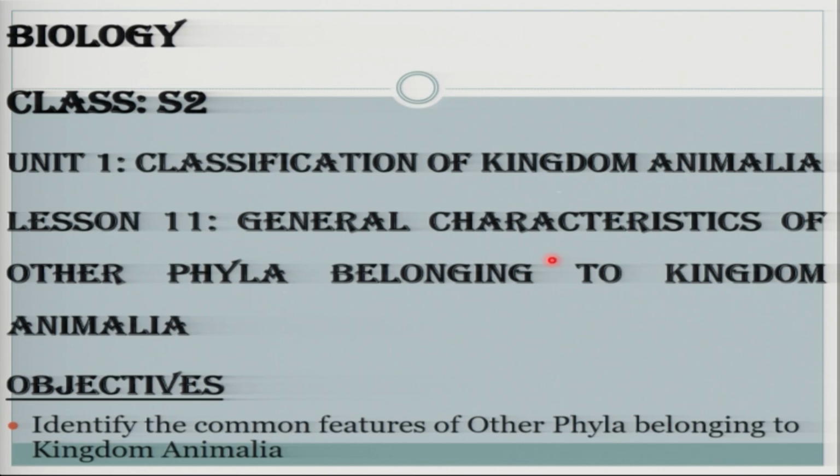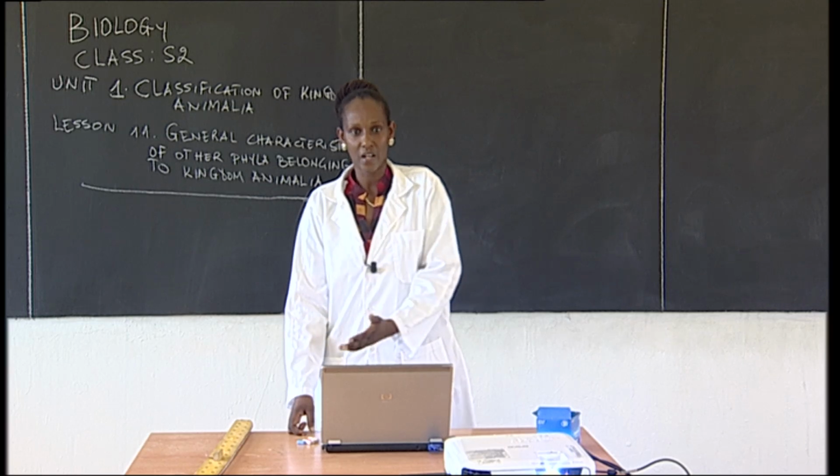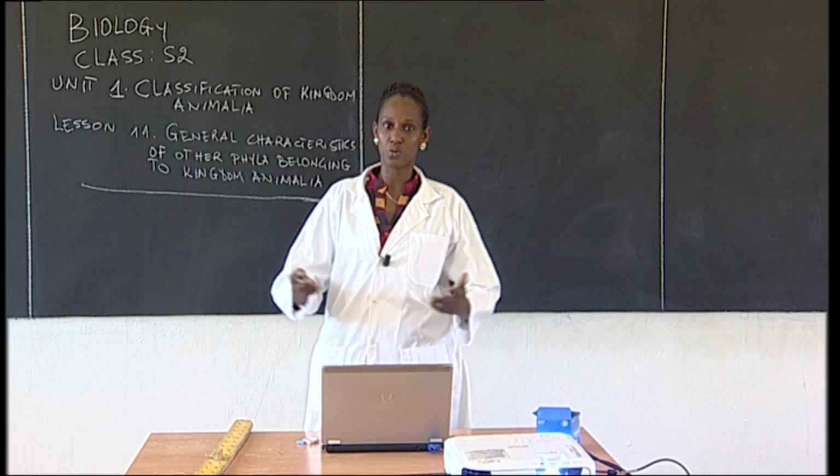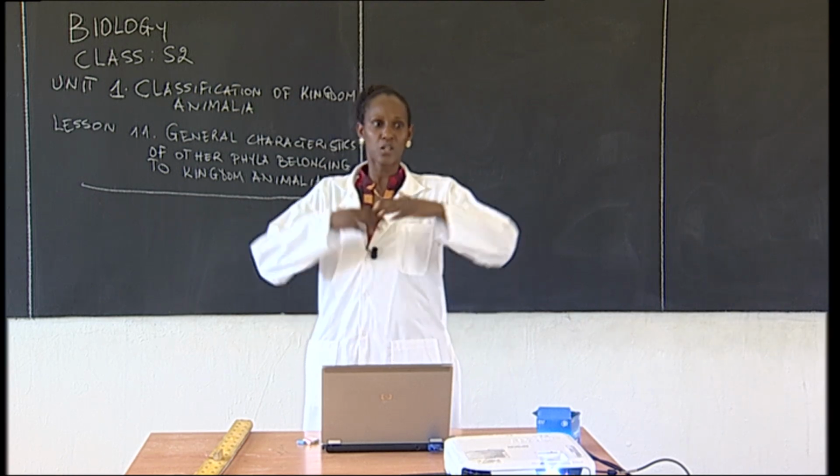other phyla that are found in kingdom Animalia that we have not discussed, the lower level of organisms that belong to kingdom Animalia, that normally in Senior 2, we look at but we don't go deep.